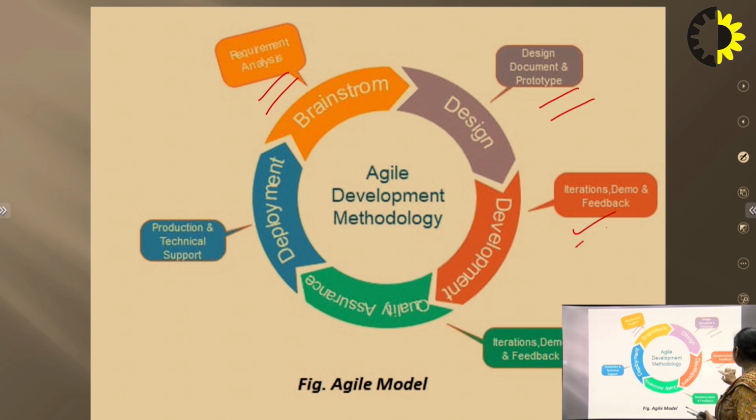Then after that, we release our project in the form of chunks or iterations and showcase that iteration and demo in front of a real customer or real client and collect their feedback. And on the basis of their feedback, we rectify or rebuild our software.